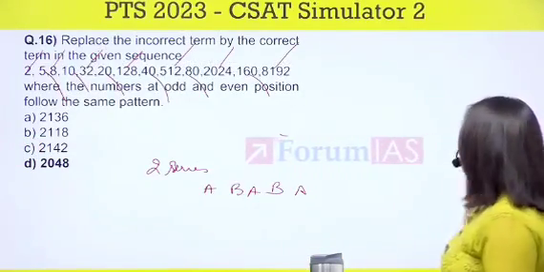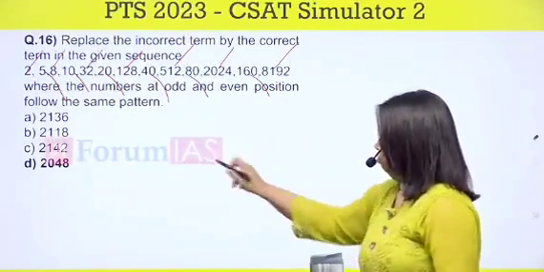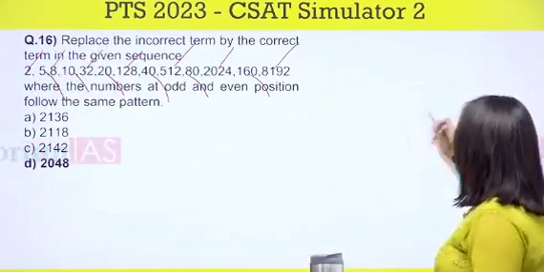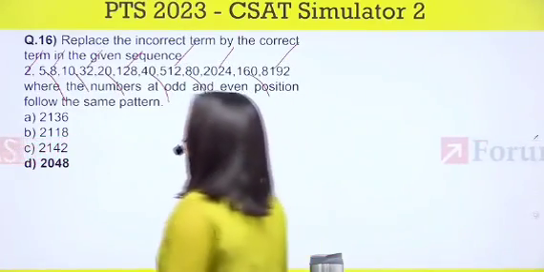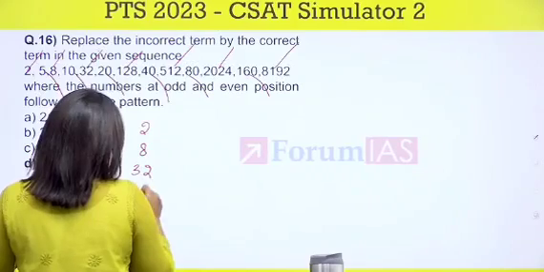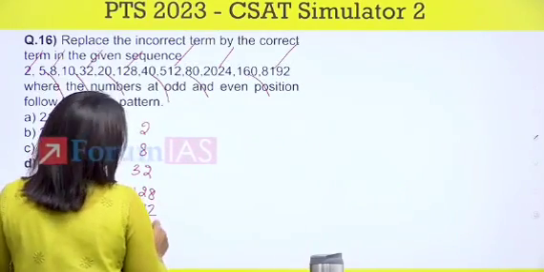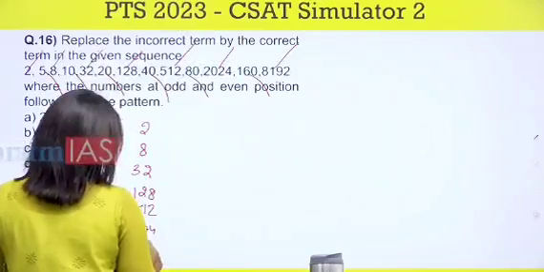Now let's look at the first one. I have 2, 8, 32, 128, 512, 2024 and 8192.